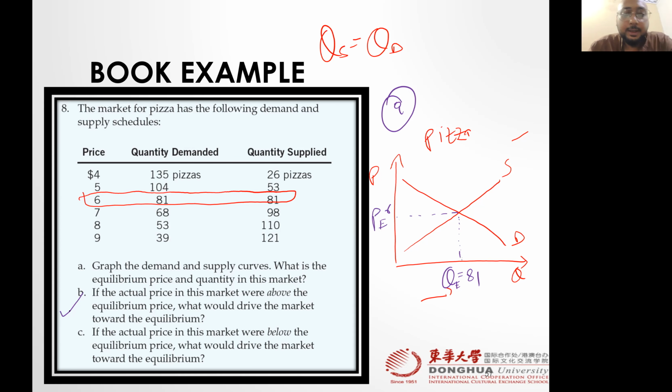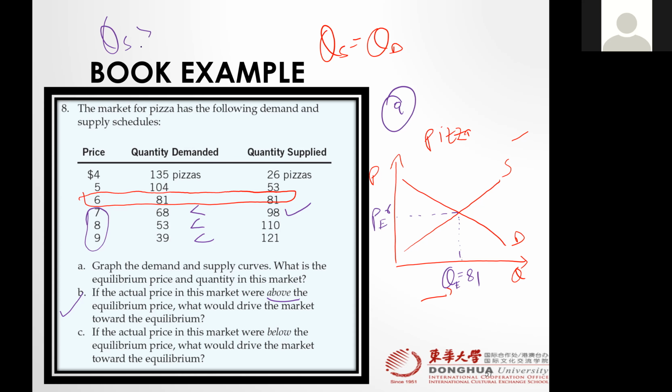Part B: if the actual price in the market were above the equilibrium price, it means we are talking about this segment, above the equilibrium price. Equilibrium price is 6. So what happened here? You see here, quantity demanded is less than quantity supplied. What is the condition here?